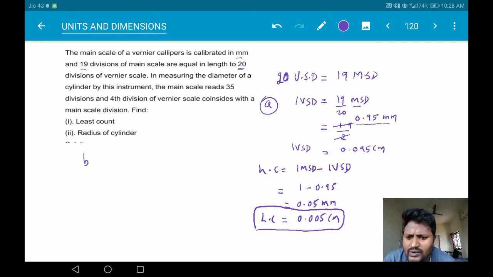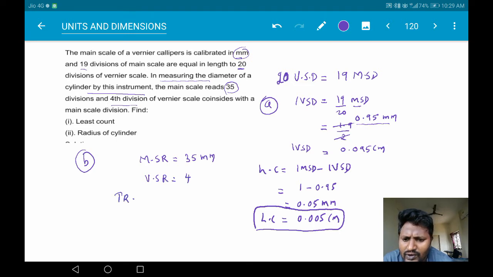Then what about the second one? Radius they are asking. So to find out the radius, 35 divisions and fourth division. Try to understand this. In measuring the diameter of a cylinder by this instrument, the main scale reads 35 divisions and the fourth division. 35 divisions is in millimeter. That means main scale reading is equal to 35 millimeter and vernier scale reading or vernier coincidence is 4.